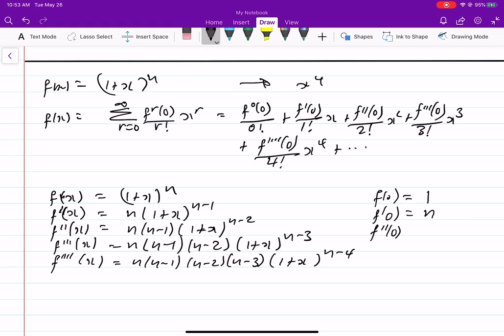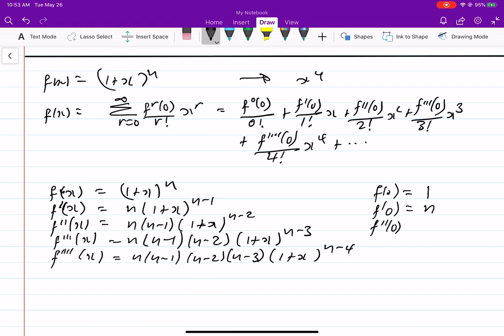F double prime of 0 is n into n minus 1 times 1, which is n into n minus 1. F triple prime of 0 is n into n minus 1 into n minus 2. And f quadruple prime of 0 is n into n minus 1 into n minus 2 into n minus 3.